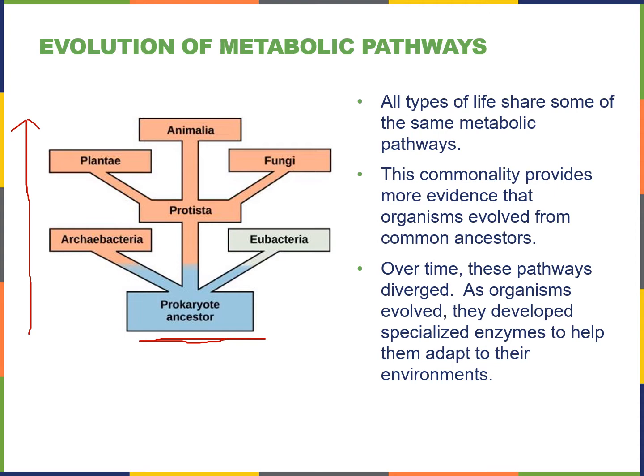What's interesting about all these organisms is that all types of life share some of the same metabolic pathways. So us as animals up here, we share some of the same metabolic pathways with protists and with plants and with fungi and with archaebacteria, eubacteria, prokaryotes. We have some things in common, so this gives some credibility to the theory of evolution.